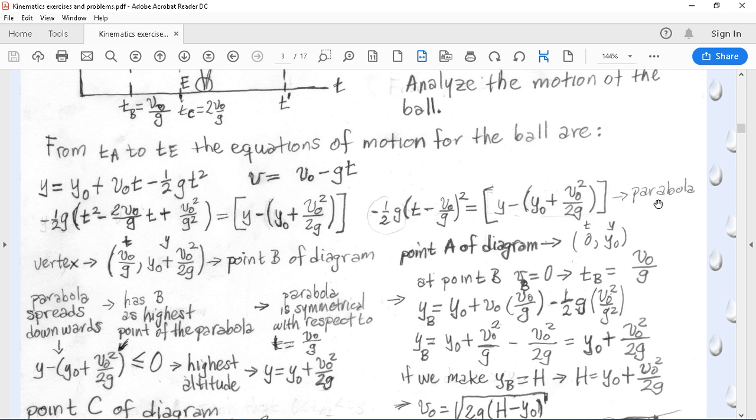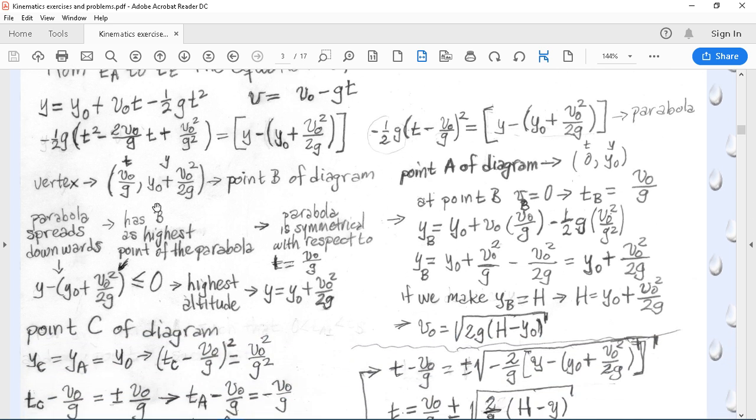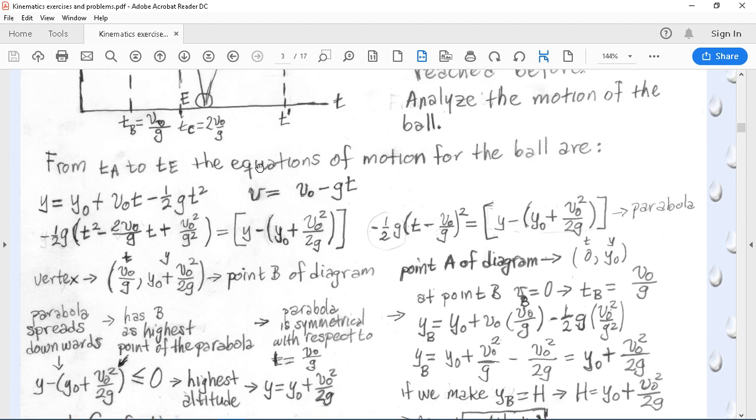We have the equation of a parabola, for which the vertex of this parabola corresponds to this point given by these coordinates. This is only a parabola for this diagram, not a parabola for the motion. Okay, so we continue in the next video.